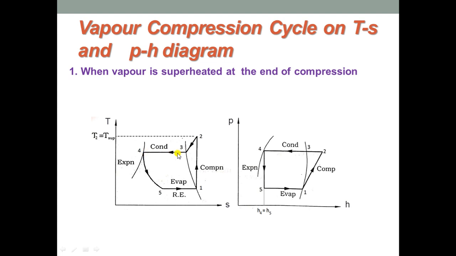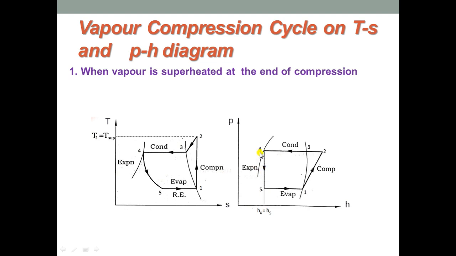The process 4-5 is a throttling process or expansion process. Here the liquid refrigerant at condition 4 enters the expansion valve, where the pressure drops, but enthalpy remains constant, as shown in the pH diagram.